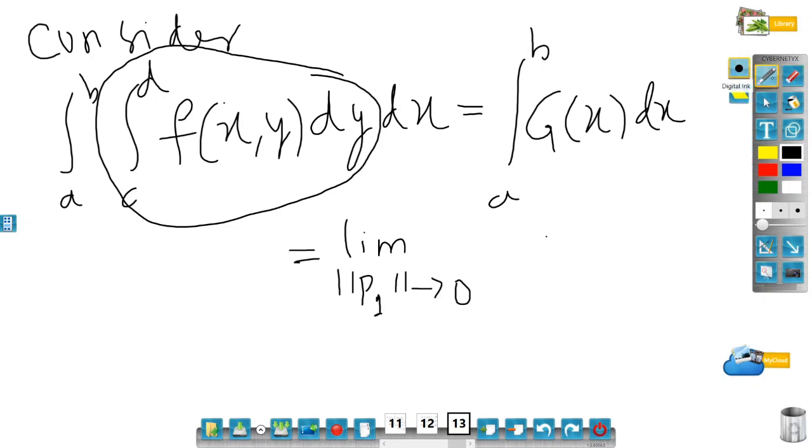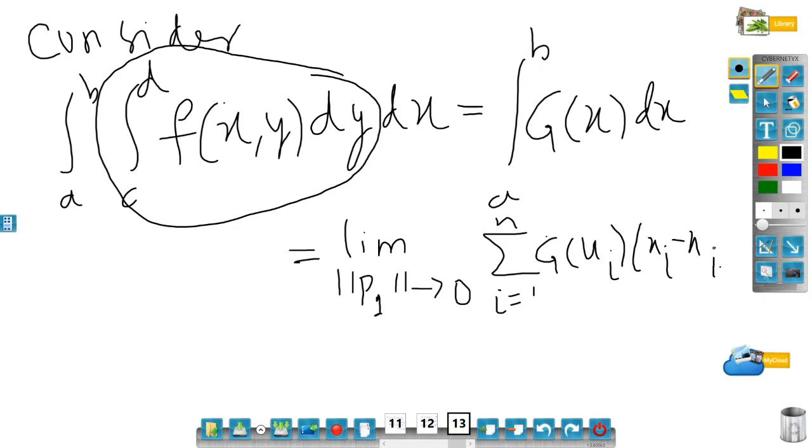So summation i goes from 1 to n, g at ui times xi minus xi minus 1. Have I taken the summation while defining the Riemann sum?